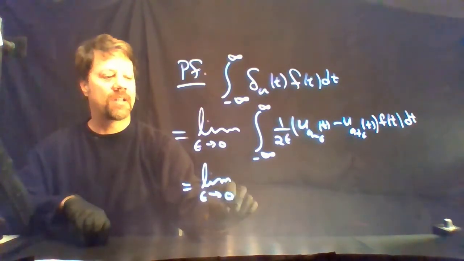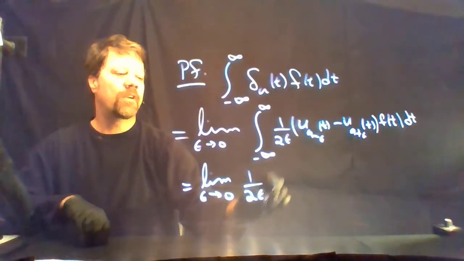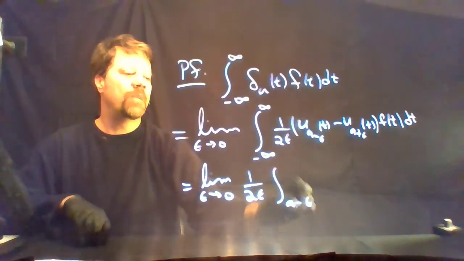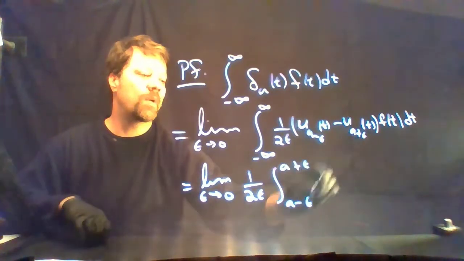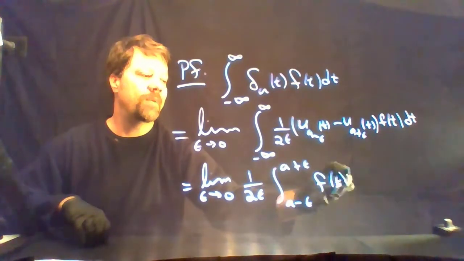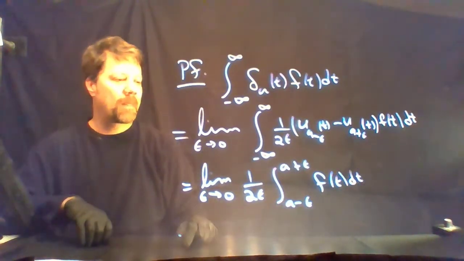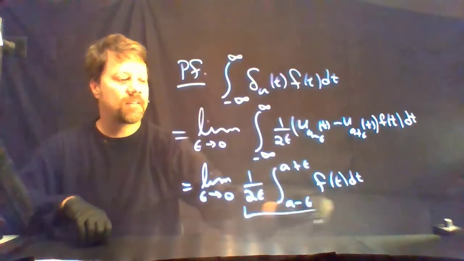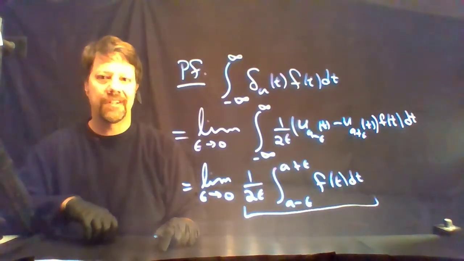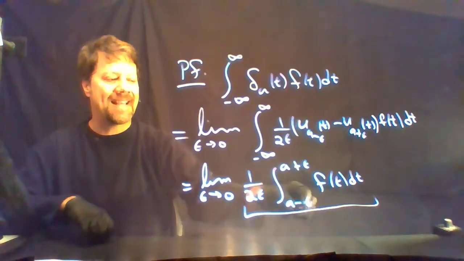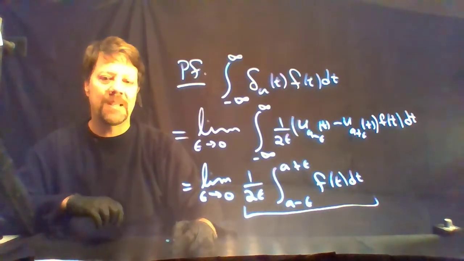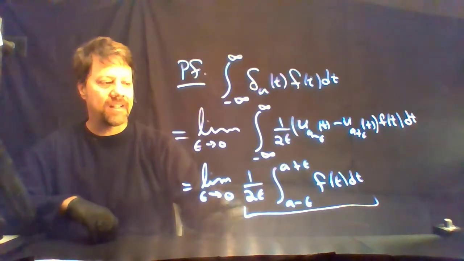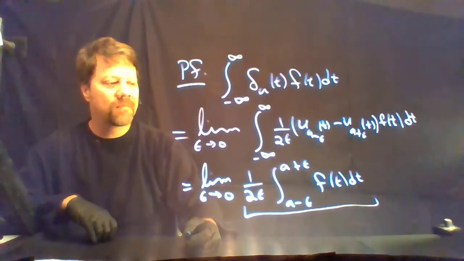So we'll get the limit as epsilon goes to 0 of 1 over 2 epsilon, but only from a minus epsilon to a plus epsilon, and between there this is 1, and so we get f of t dt. This is an average. If I take b minus a, I get 2 epsilon, so this is 1 over b minus a, the length of the interval that we are integrating over.